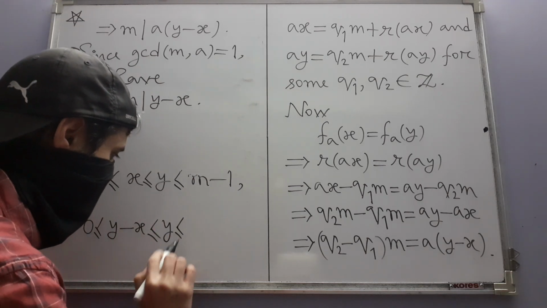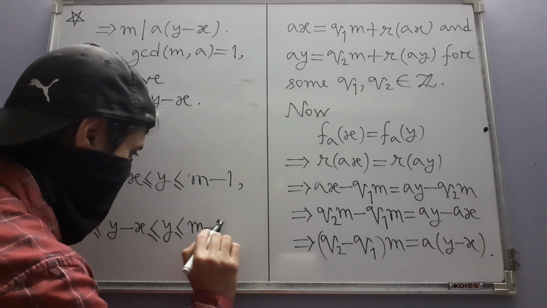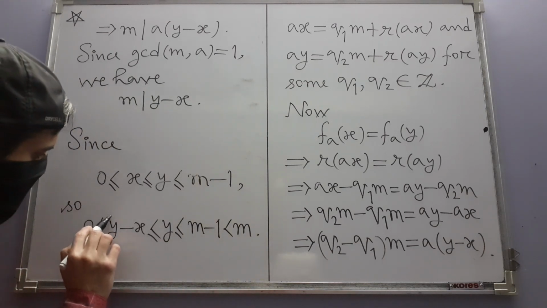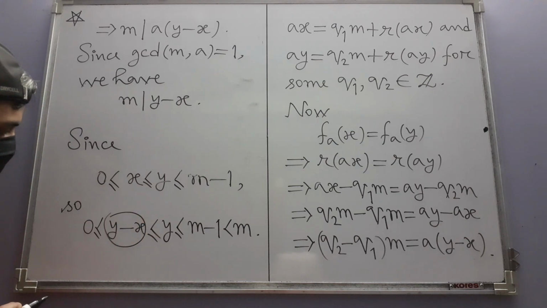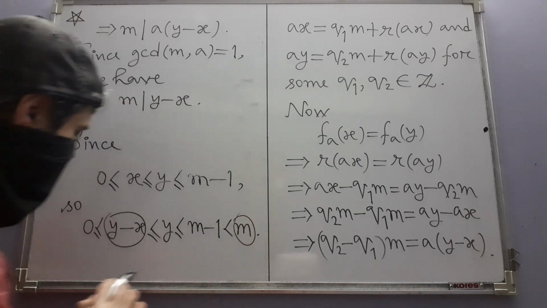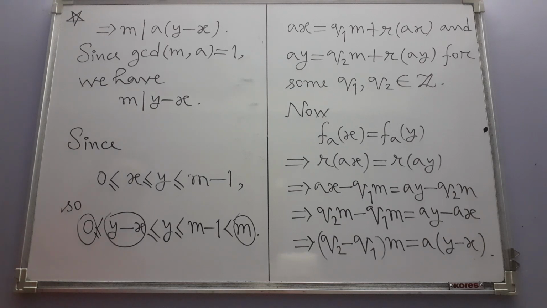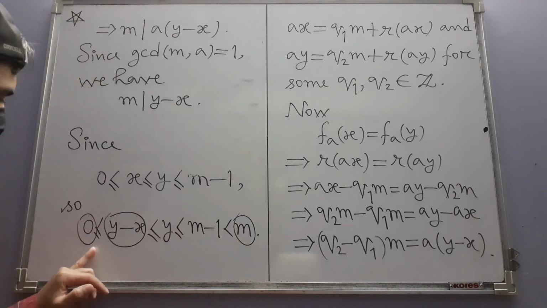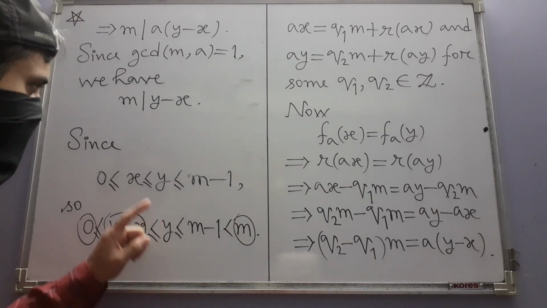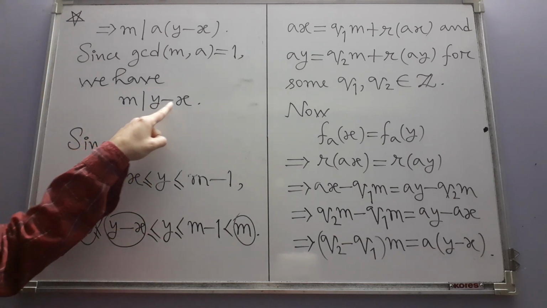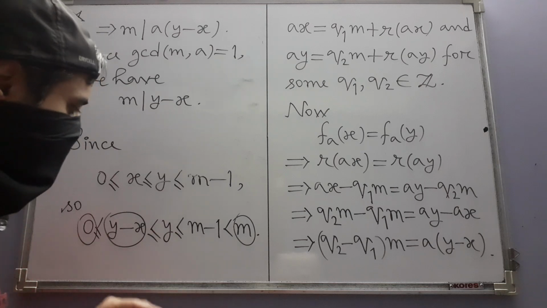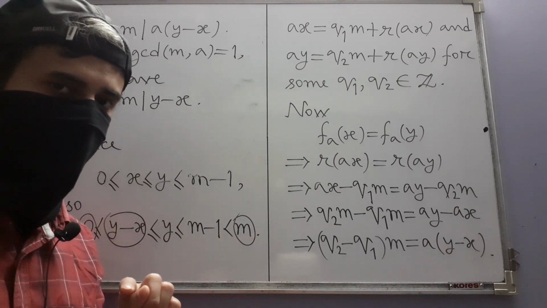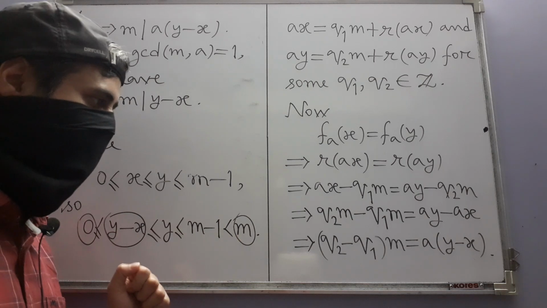But y is less than or equal to m minus 1, and m minus 1 of course is less than m. Now you concentrate on these three numbers, y minus x, m and 0. m is a positive integer, y minus x is a non-negative integer, and we are also saying that m divides y minus x. If y minus x is positive and less than m, is it possible for m to divide y minus x?